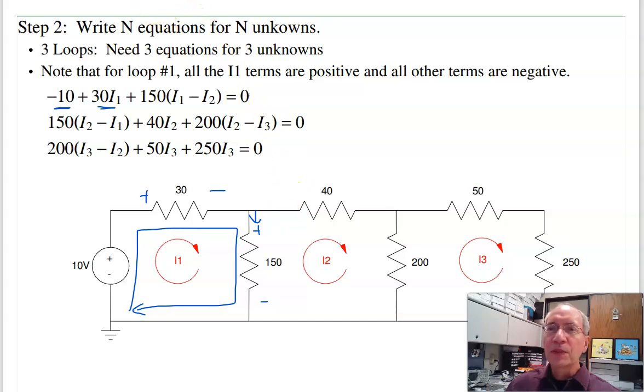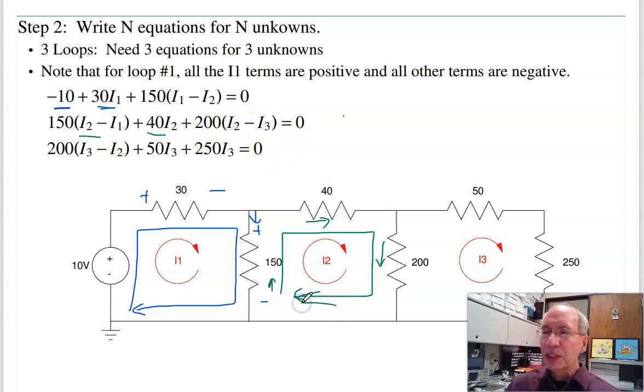Around loop I2, around this loop right here, these have to add to 0. So that's 150 times the current going up. The current up is I2 minus I1. Plus 40 times the current going right, that's just I2. Plus 200 times the current going down, that's I2 minus I3.